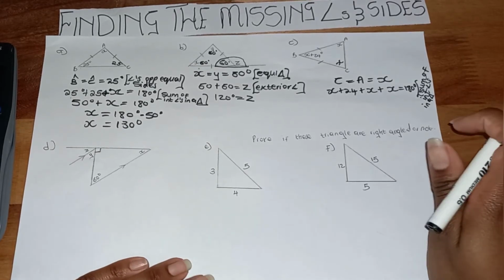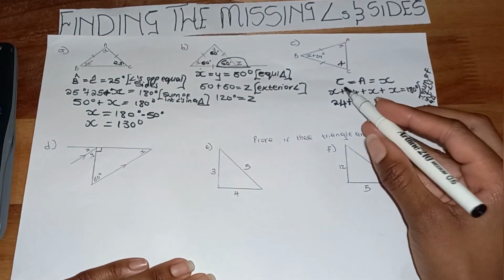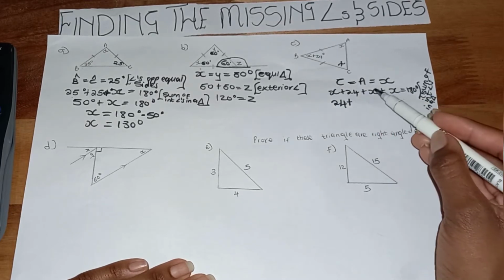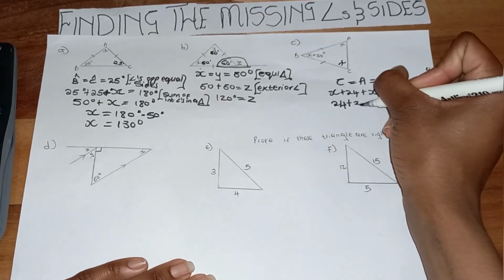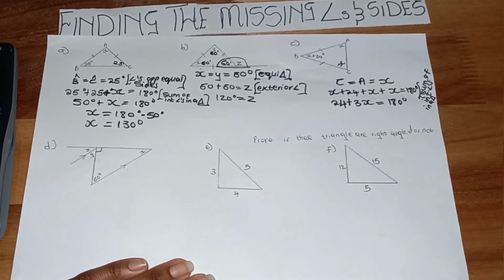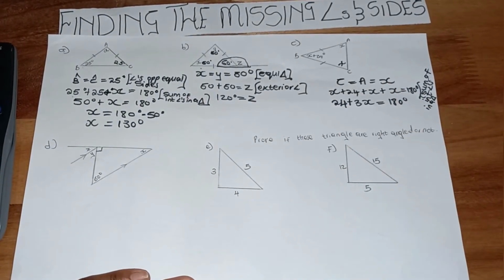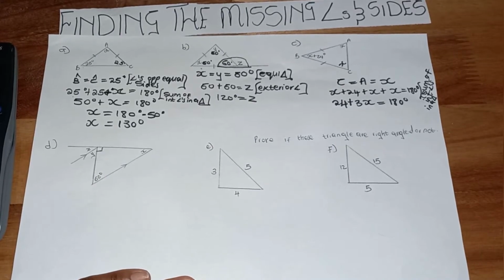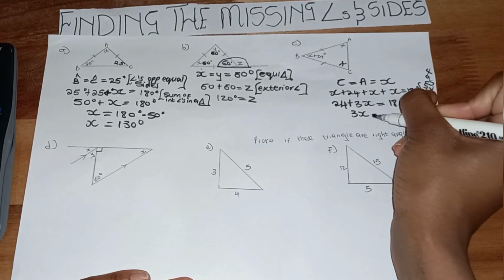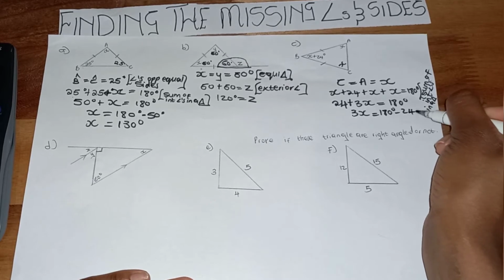So what you're going to do now is combine your like terms. Your 24 plus, you can see that you have 3 x's, so you're going to add the coefficients, which is 1 plus 1 plus 1, which is 3x, equals to 180 degrees. Now you're going to group your like terms, meaning that you're going to take 24 to the other side of the equal sign so that you can solve for your X. You're going to be left with 3x equals to 180 degrees minus 24 degrees.